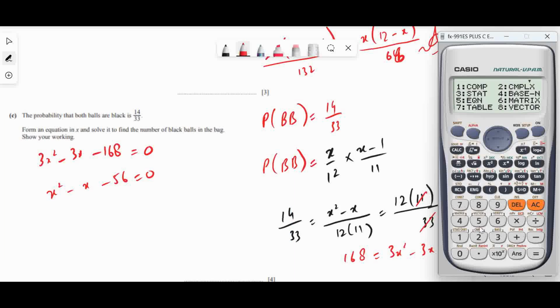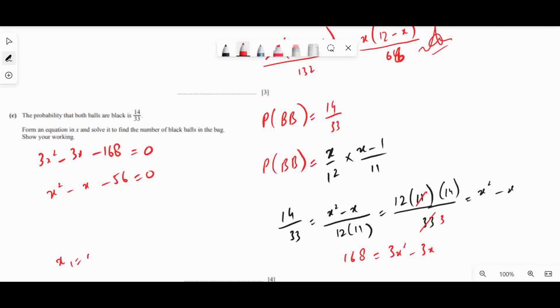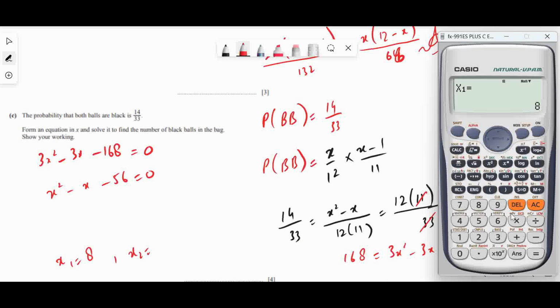There must be some mistake. Let's see it again: a is 1, b is minus 1, and c is minus 56. So x1 is 8 and x2 will be minus 7.